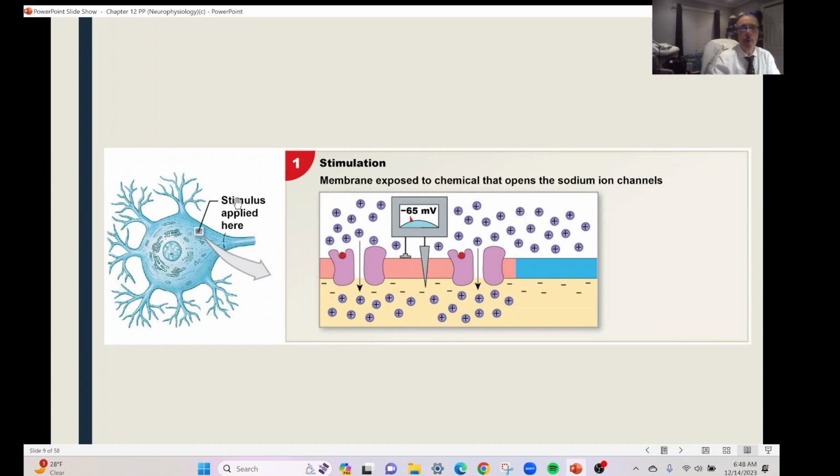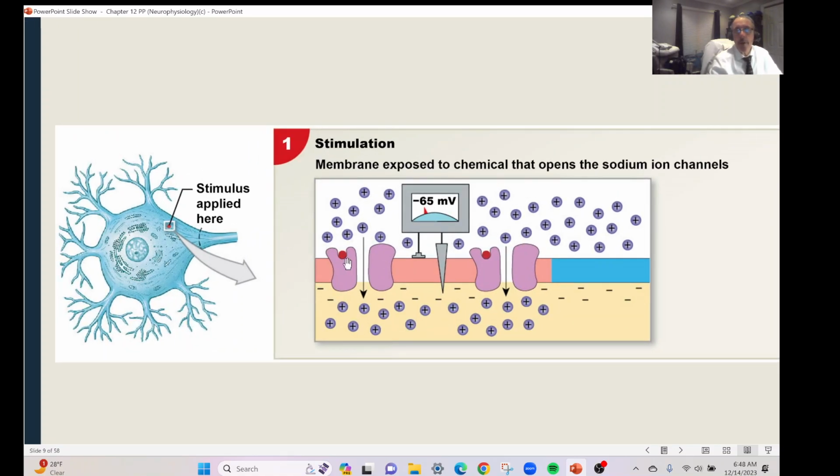Okay, so this time we apply a stimulus. Let's just say we're going to apply a chemical. Let's just say it's acetylcholine. So if you notice, the proteins now, that red dot, see if you guys can pick that up right there. That red dot and that red dot, these are the chemicals that have come on to the cell membrane and have attached to the receptor. Once the chemical attaches to the receptor, the protein channels open, and look what happens.